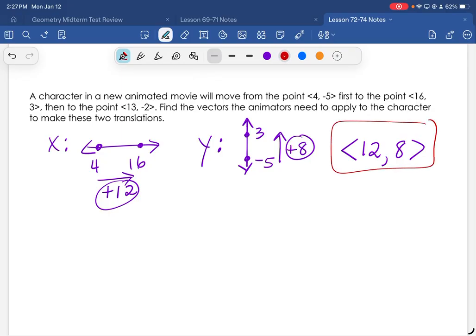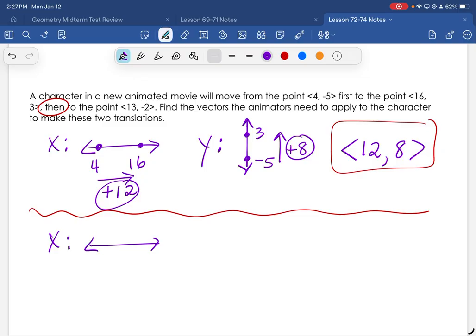Do you see here where it says then? So there's another movement. We're translating again, this time from 16, 3 to 13, -2. So we're going to do it again. Our x-axis is horizontal.